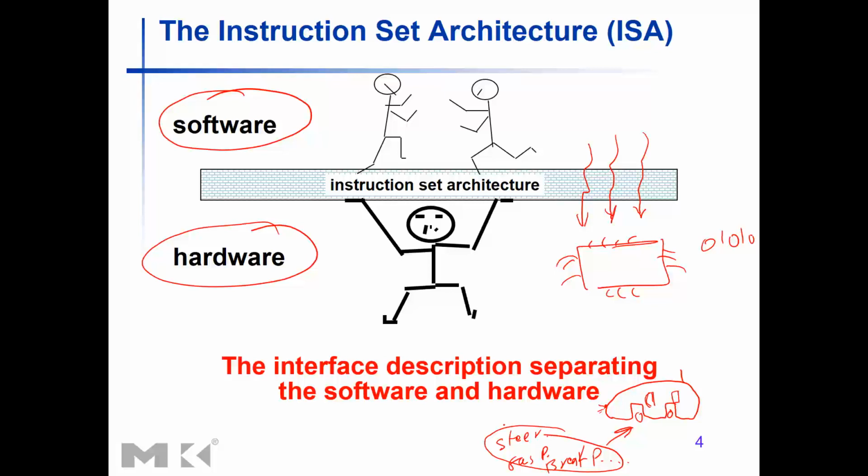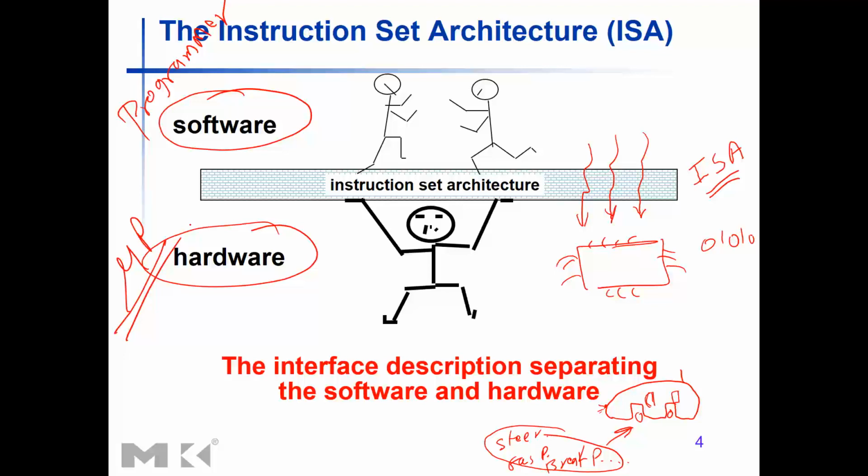Those knobs are what we call the instruction set architecture, which allows the programmer to operate the microprocessor and the hardware subsystem.